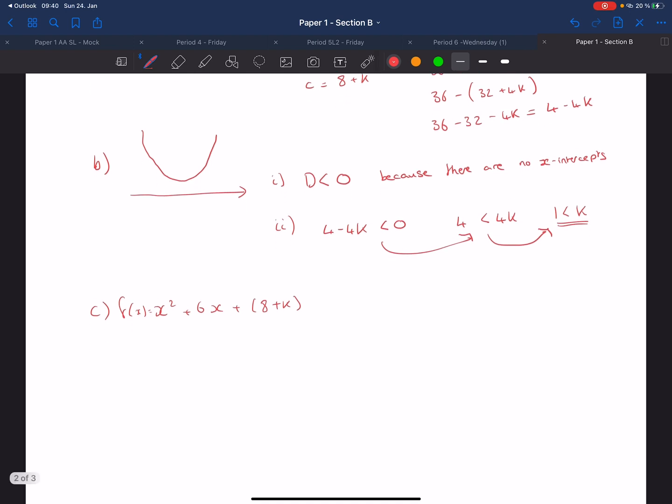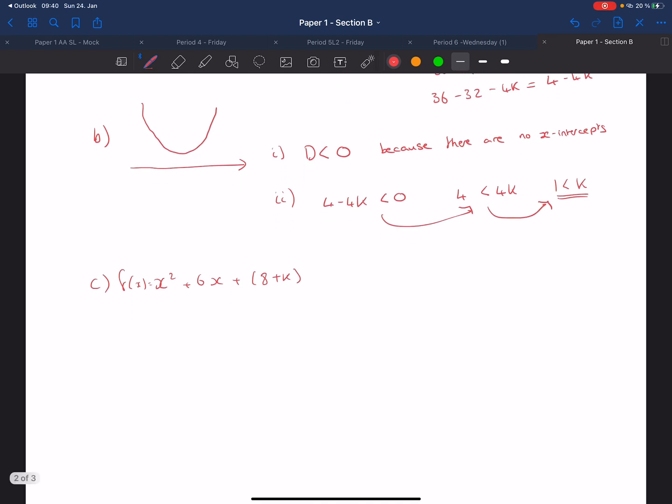So remember, when we're putting a quadratic into completed square form, the first thing we do is we halve the coefficient on x. So we halve this number here and we put it with the x in a bracket. So we'll have x plus 3 squared. Then we subtract this number squared and we keep this number on the end here. So plus 8 plus k.